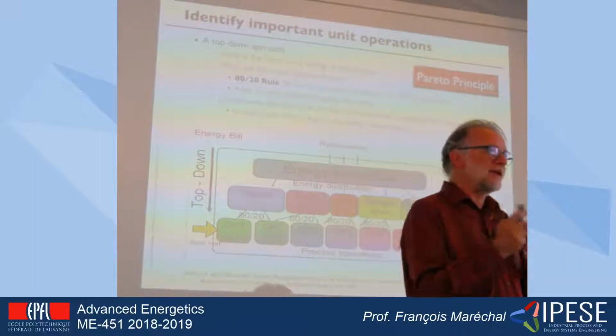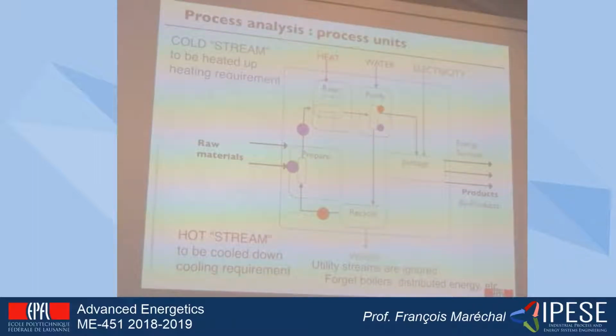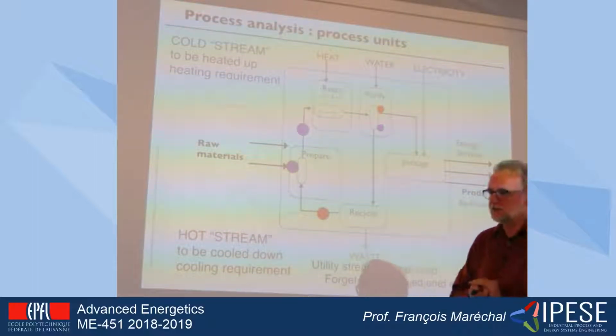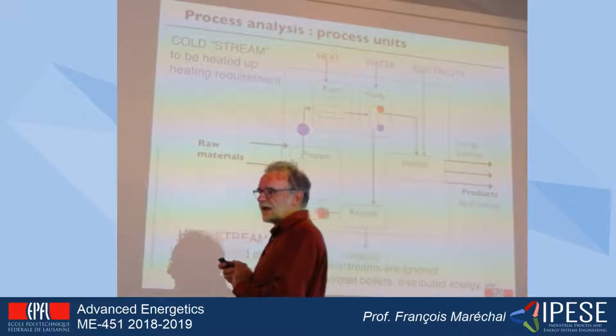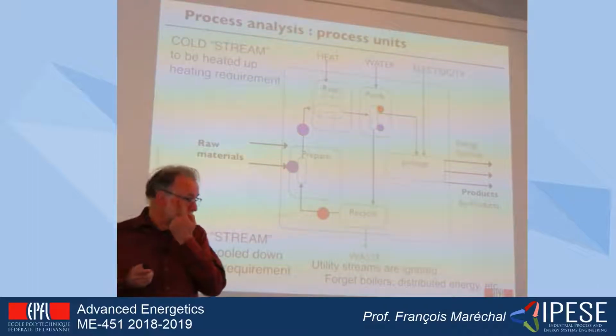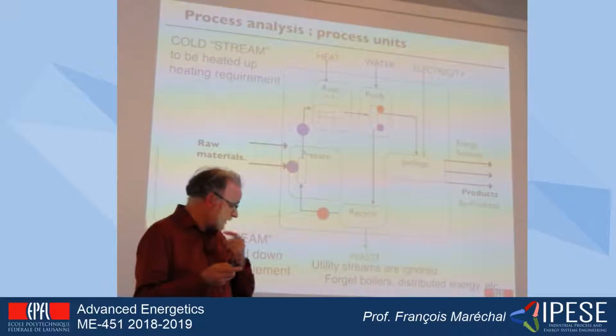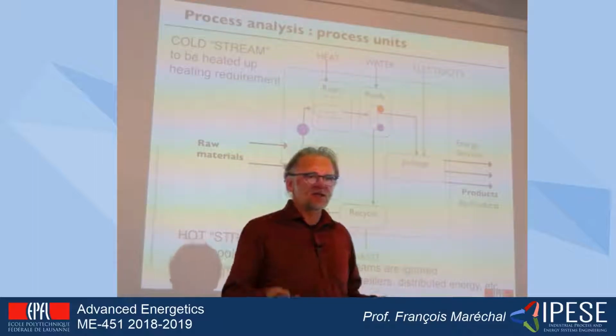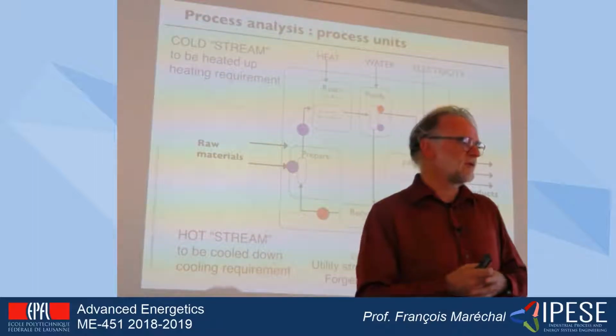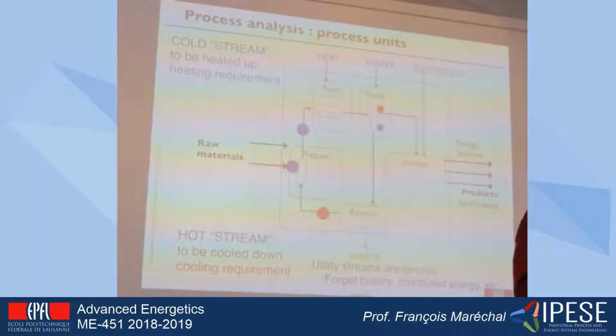The next step, as I have identified who is important, now I'm going to see what is really needed by all those units that are more or less important. And for doing this, I have to remember the exergy. So you remember the definition of exergy?